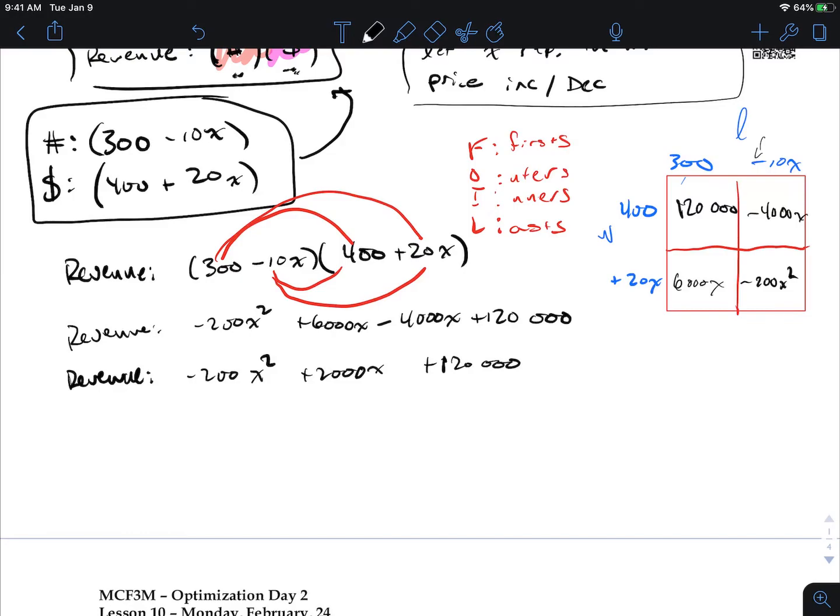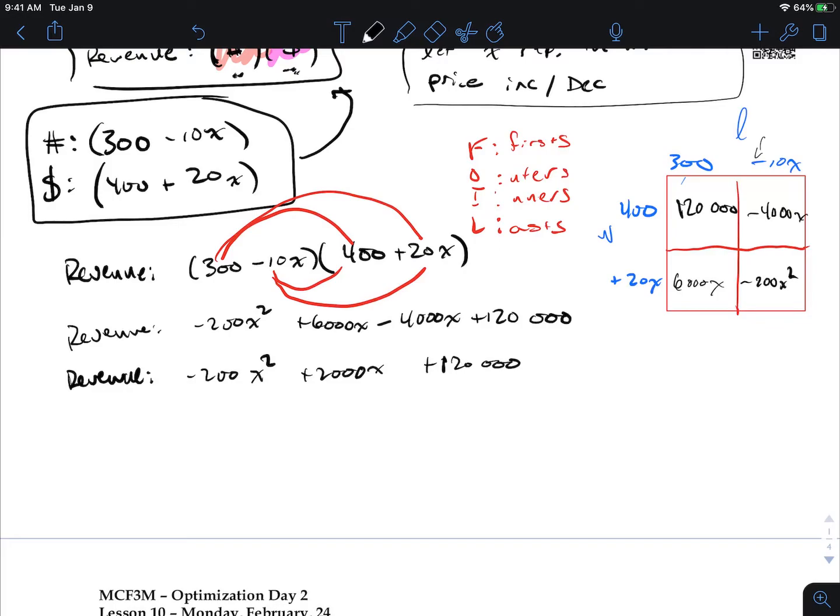I could create a table of values, maybe 20 values, and I'd see that there's a maximum amount of revenue. That's an option, but it's not the best option. It's somewhat satisfying to do the algebra and just get one answer, rather than sit there and plug in things 20 times.